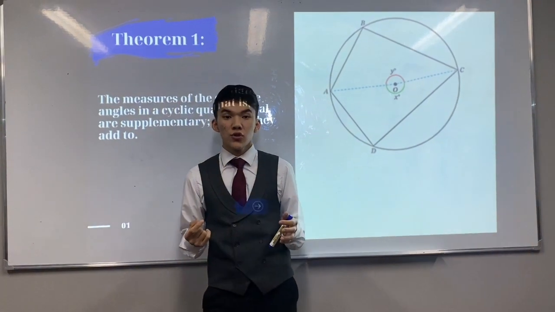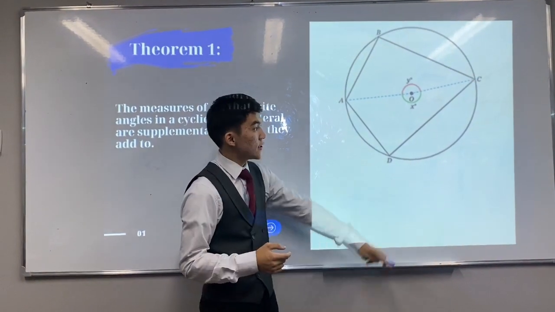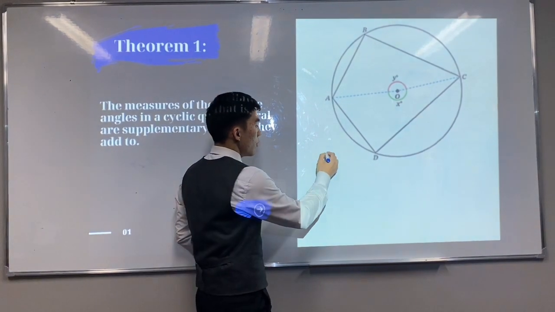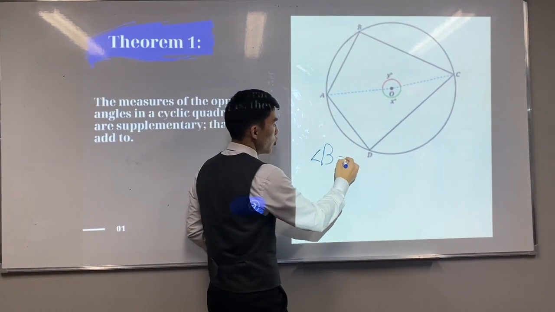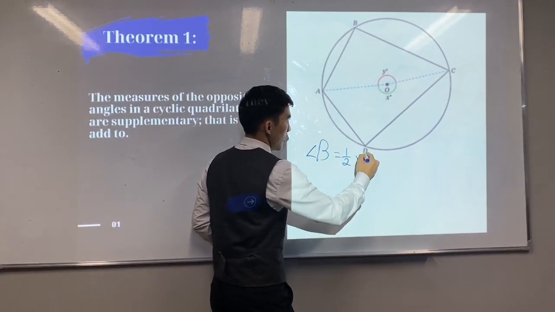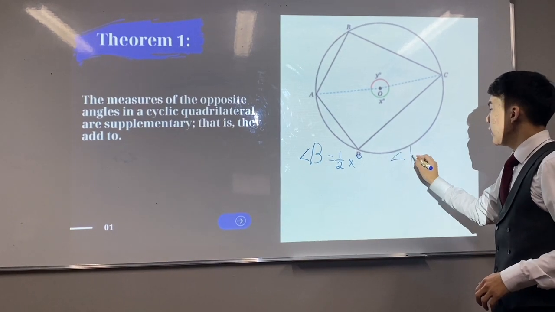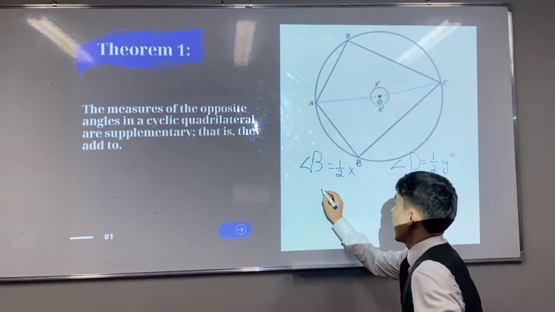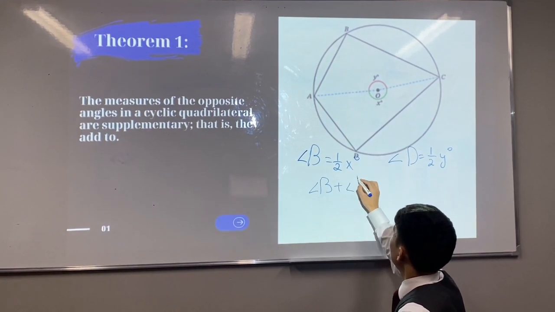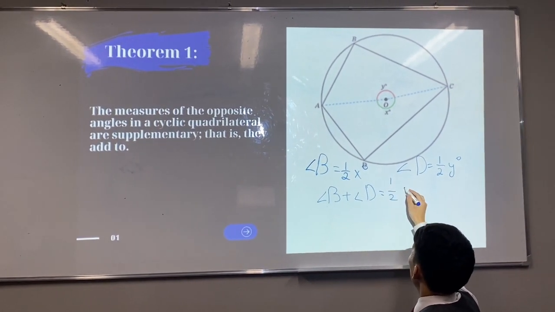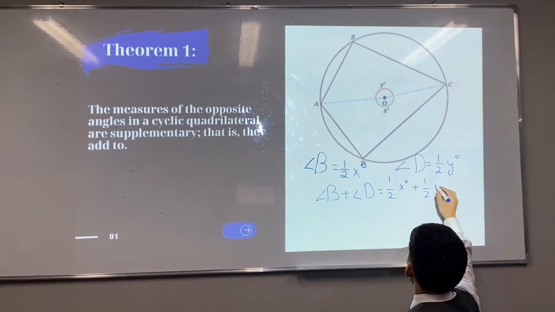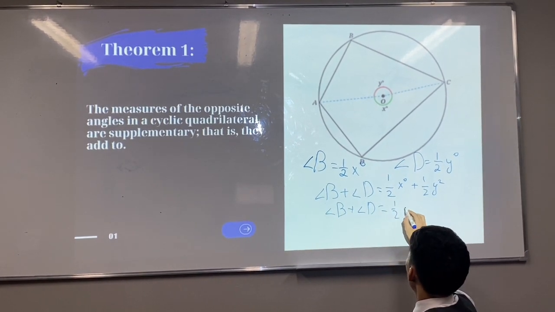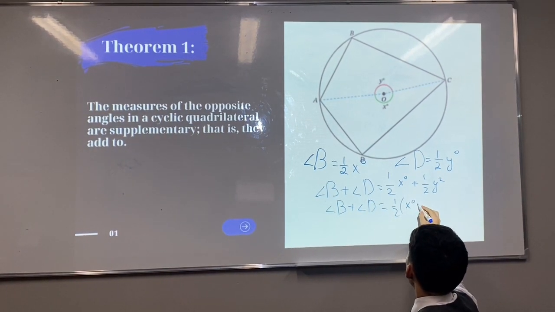We label the angle measures created at the center of the circle as x degrees and y degrees. By the inscribed angle theorem, angle B equals 1 over 2 x degrees, and angle D equals 1 over 2 y degrees. Then angle B plus angle D equals 1 over 2 x degrees plus 1 over 2 y degrees, which equals 1 over 2 times (x plus y) degrees.